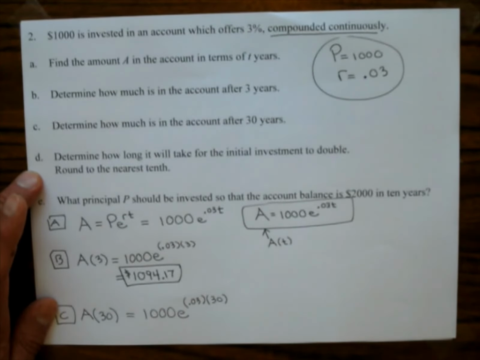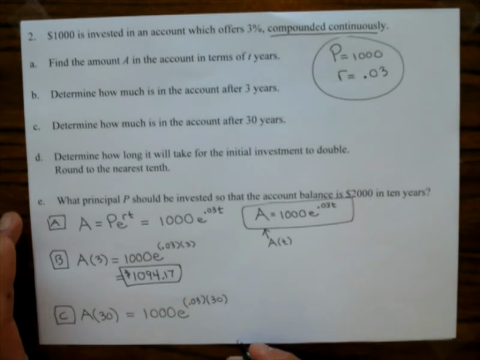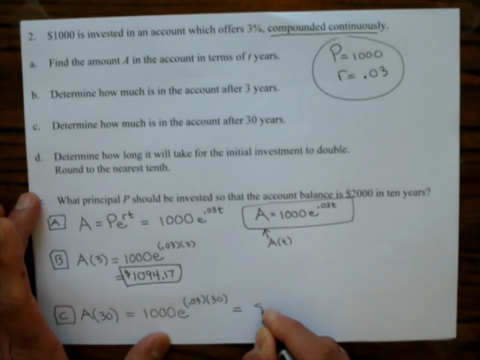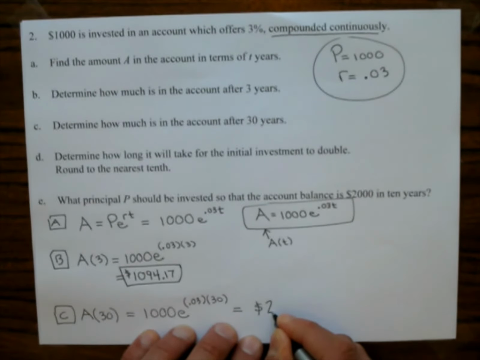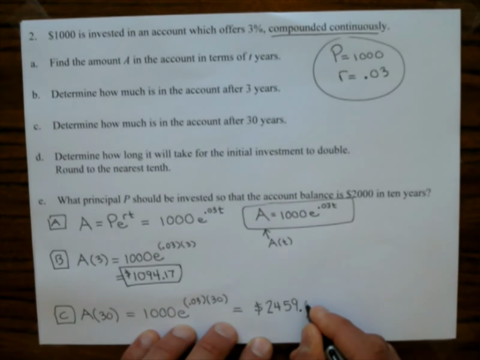I'll throw that in my calculator really quickly. What I end up getting for the amount after 30 years with continuously compounded interest is $2,459.60.